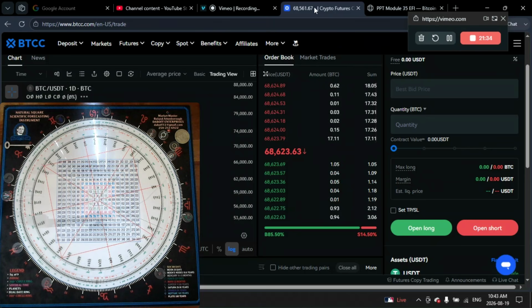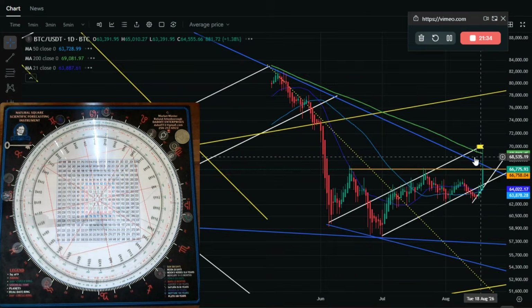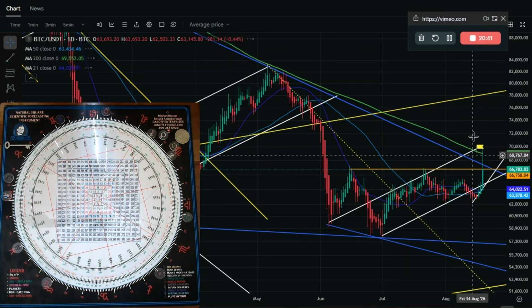So I put this yellow flag here around the 16th, and I stated that we would probably be making a top somewhere around here. And of course I got a lot of really negative feedback, but a lot of people don't study market behavior like I do, and it becomes difficult for some people to perceive that these things can actually occur.